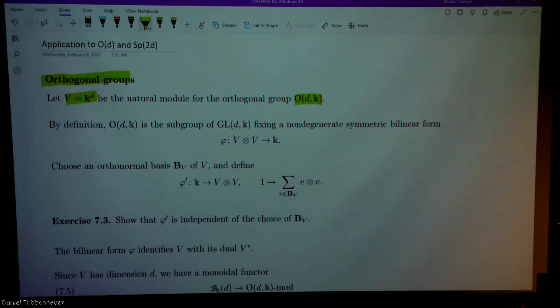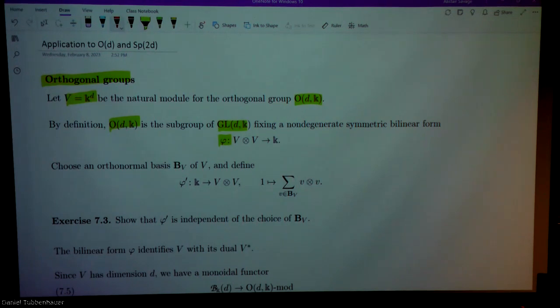So by definition, the orthogonal group is the subgroup of the general linear group that fixes a non-degenerate symmetric bilinear form. But that's the definition of the orthogonal group, that it fixes this form. So you pick, usually you pick the standard one, like the dot product, but you can pick any non-degenerate symmetric bilinear form, and it gives you an isomorphic group.